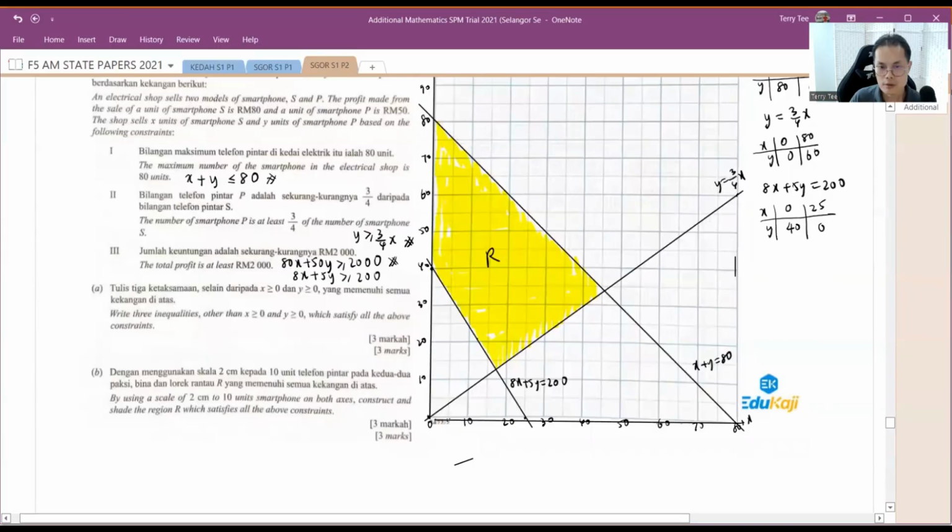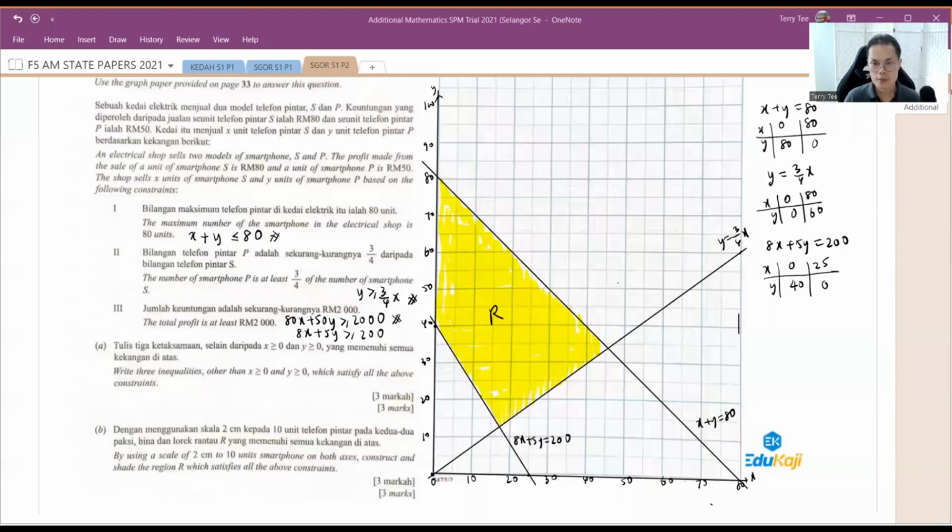Okay, wait. It looks a bit ugly. Okay, I've adjusted it. So, okay, so done. The graph part, we are done.